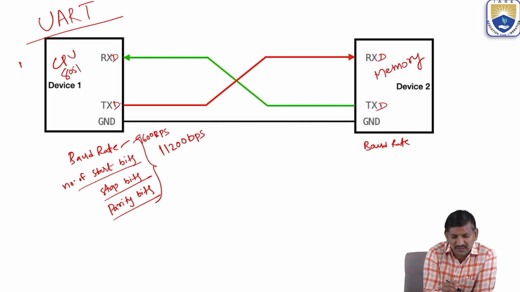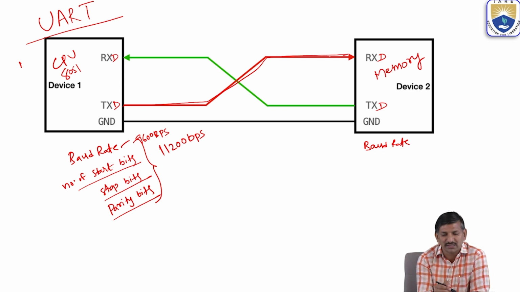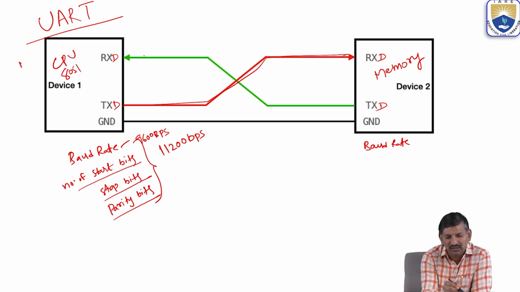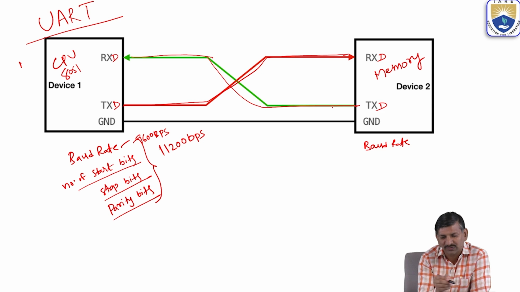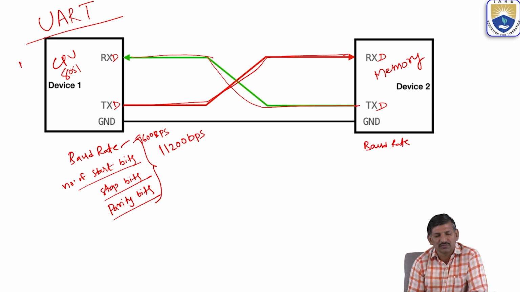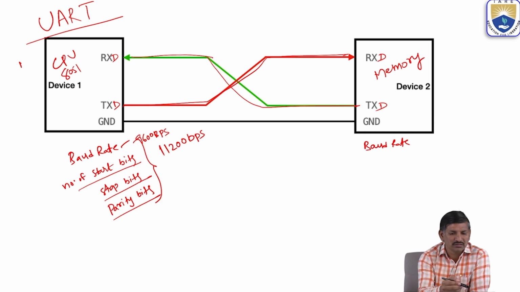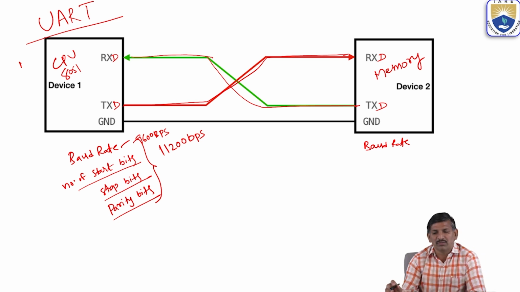Once these identical settings are set for both transmitter and receiver, the information is transmitted from transmitter to receiver and receiver to transmitter. Like this, UART, Universal Asynchronous Receiver and Transmitter, shares the information among these two devices. Each time we need to set identical settings.